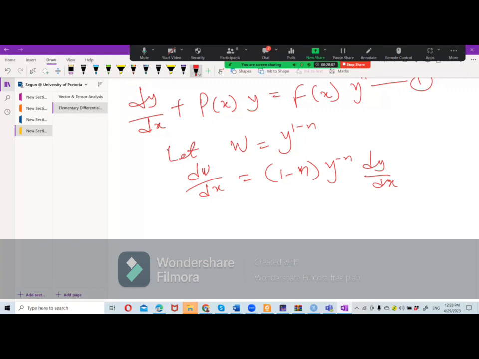In implicit function, when you differentiate y with respect to x, you need to add dy/dx to it. If you still remember, if not, you can check your calculus book. dy/dx will now be equal to (1 minus n) raised to power minus 1, y raised to power n, dW/dx.